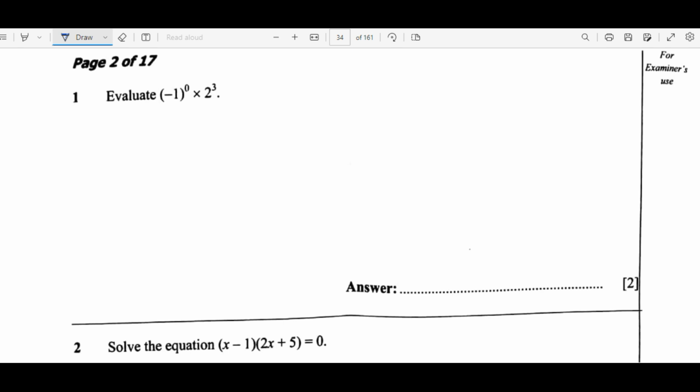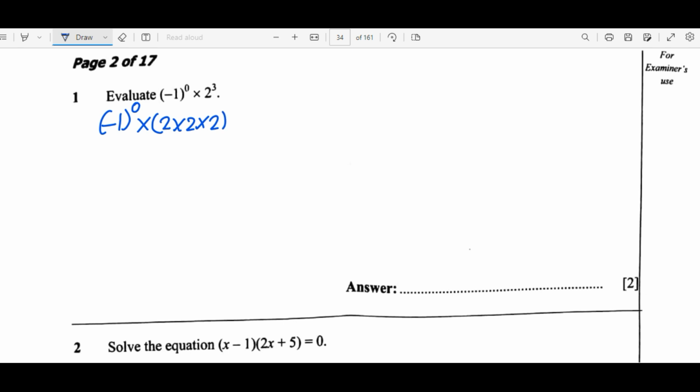The first question here, we are told to evaluate (-1)^0 times 2^3. So this tells us that we are going to multiply 2 times 2, 3 times.